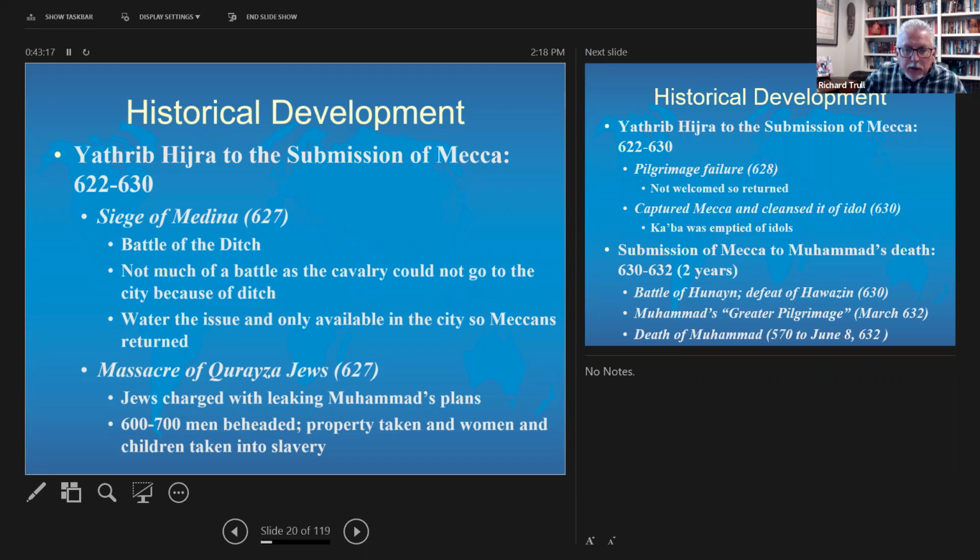At this same time period, 627, you have what's called the massacre of the Qurayza Jews. Some people were saying that part of the plans that weren't going right for Muhammad were leaked to the enemy by the Jews. And so there was the killing of 600 to 700 men, and their property and their women and children were all taken.